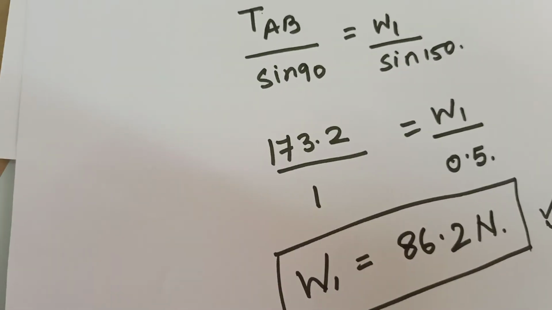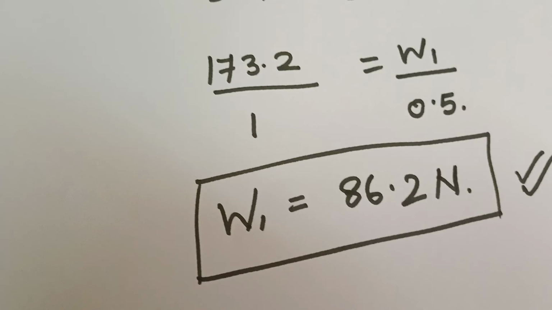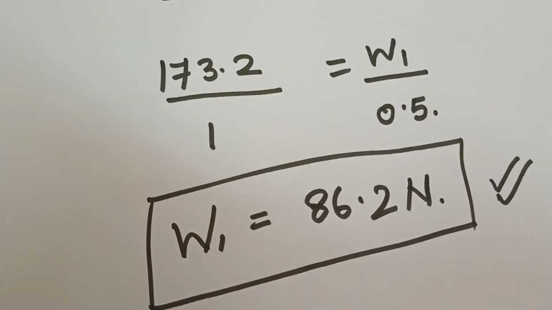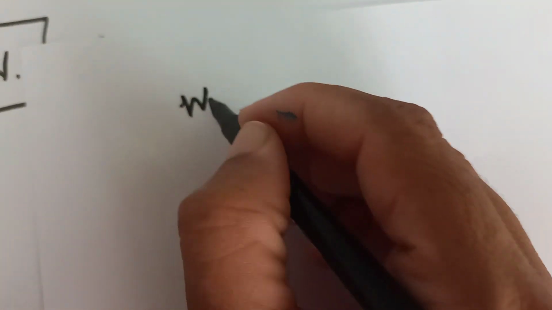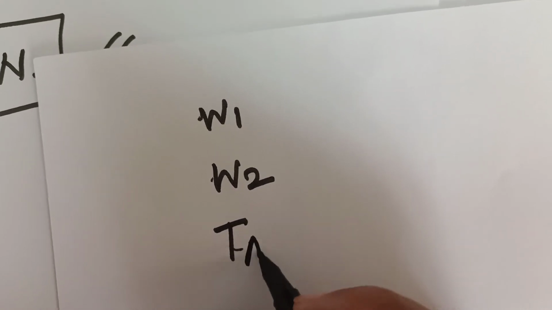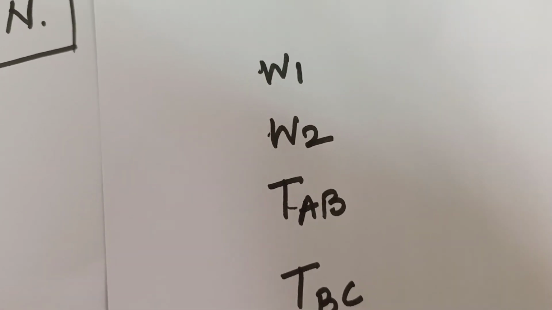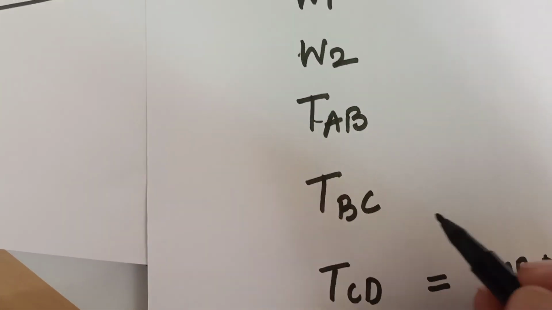Okay, so what will be our final answer? Our final answer will be W1, W2, TAB, TBC and TCD. TCD is equal to 300 newtons, as it is similar to the DE string.